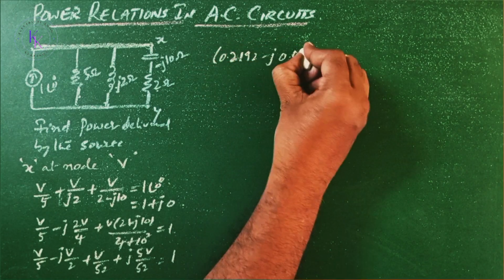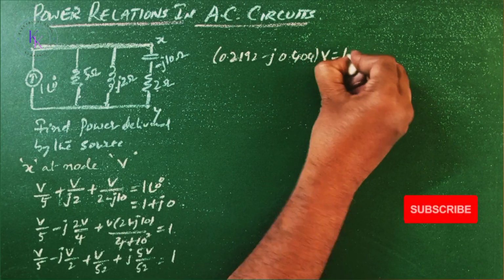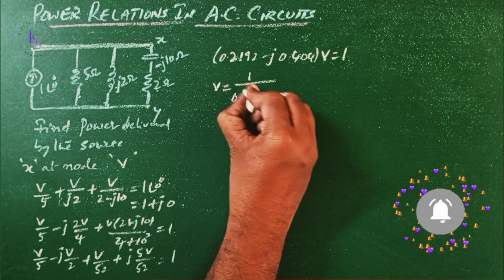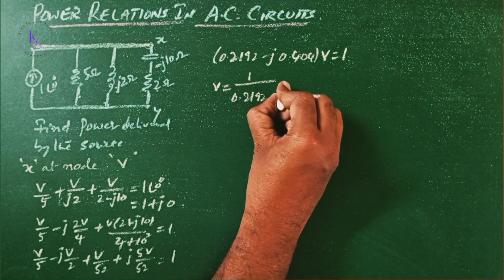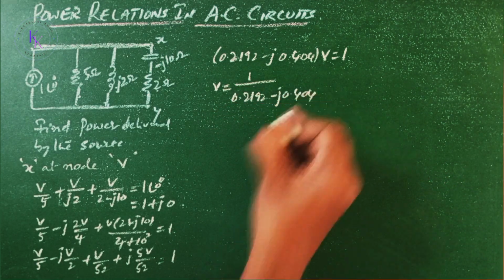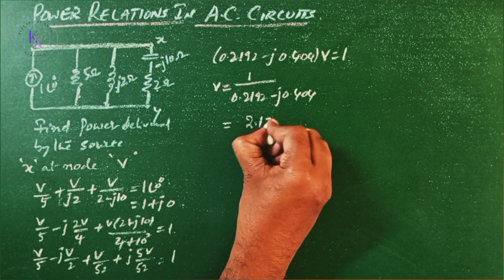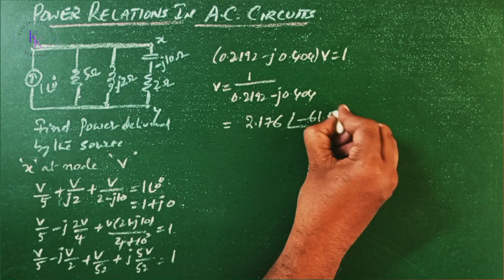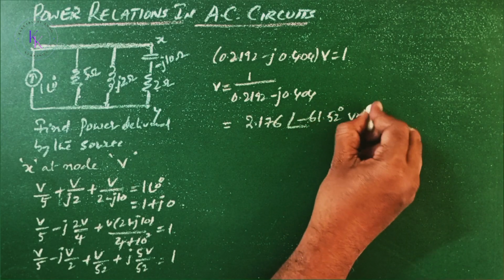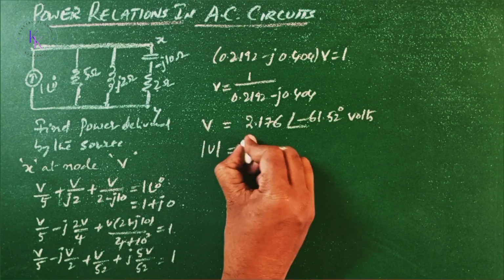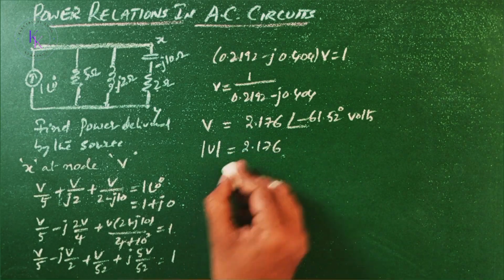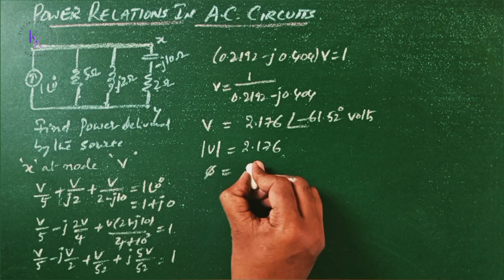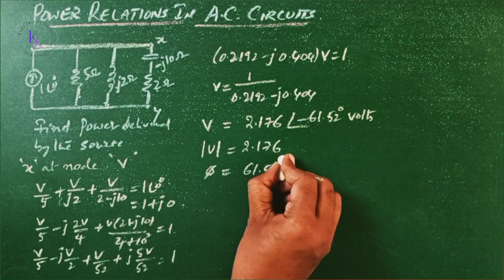Now solving this, we get real and imaginary terms: 0.2192 minus j0.404 times V equals 1, from which V equals 1 divided by 0.2192 minus j0.404. We get 2.176 at an angle of minus 61.52 volts. Now the magnitude of V is 2.176, and the angle between V and I, phi, equals 61.52 degrees.